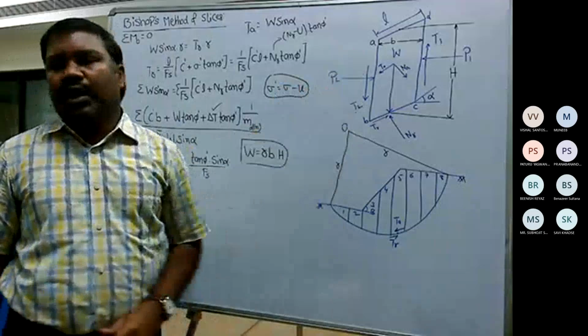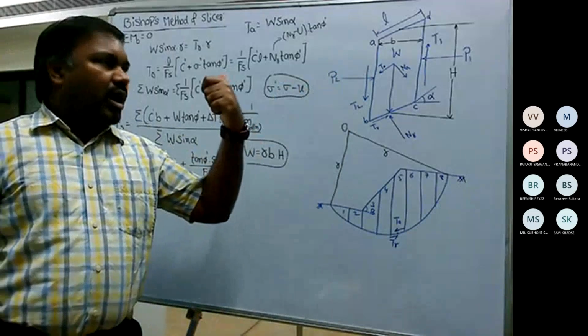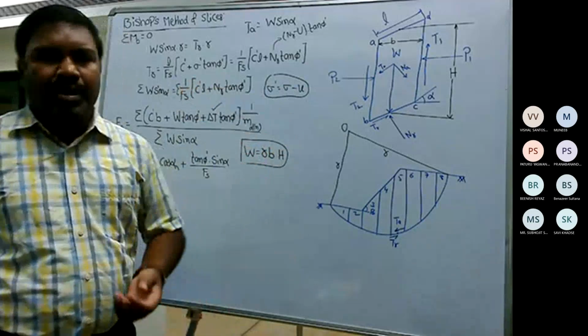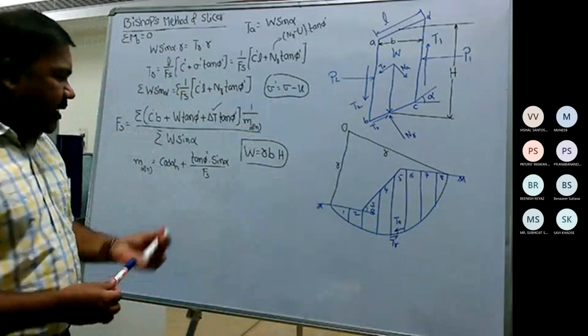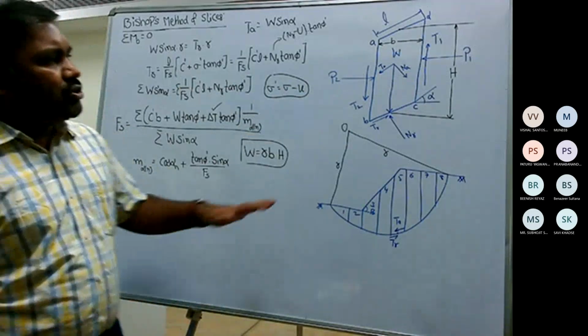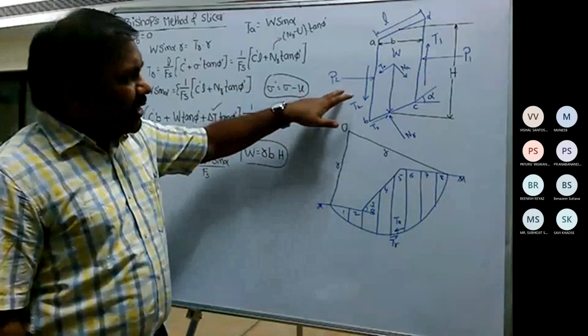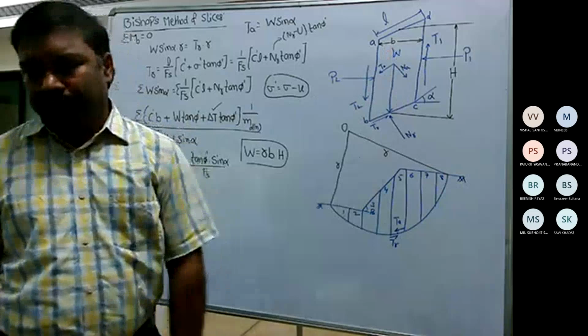Among all these, Morgenstern and Price proposed the most complex equation, accurately determining P1, T1 and P2, T2.